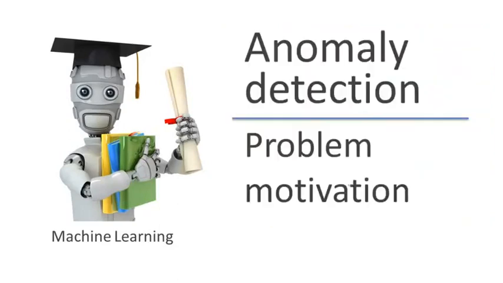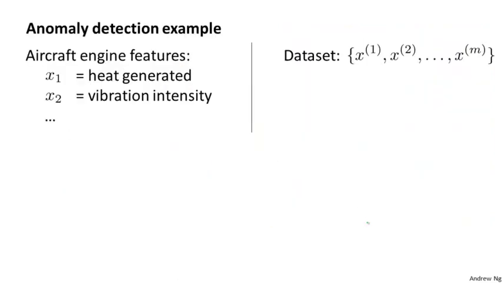To explain it, let me use the motivating example of imagine that you're a manufacturer of aircraft engines, and let's say that as your aircraft engines roll off the assembly line, you're doing QA, quality assurance testing, and as part of that testing, you measure features of your aircraft engine, like maybe you measure the heat generated, the vibrations, and so on.